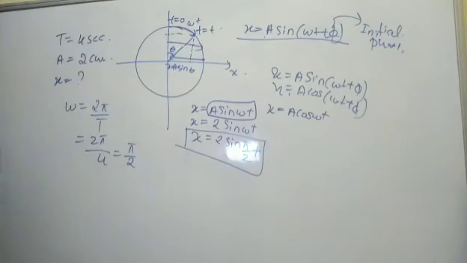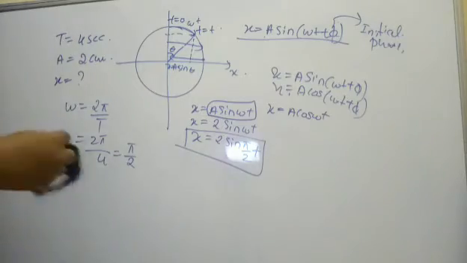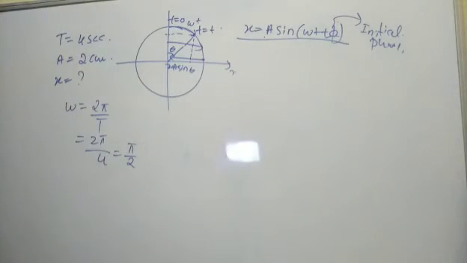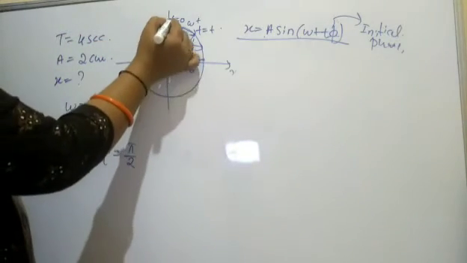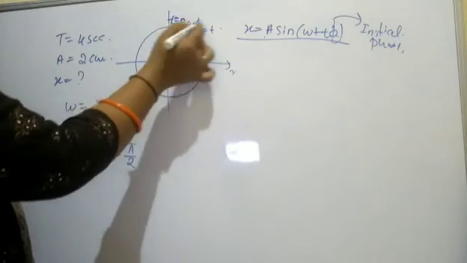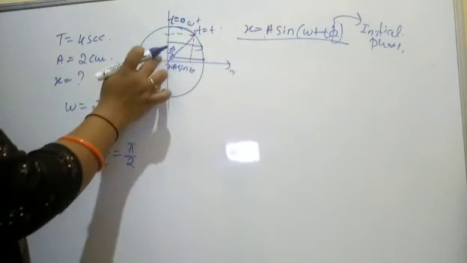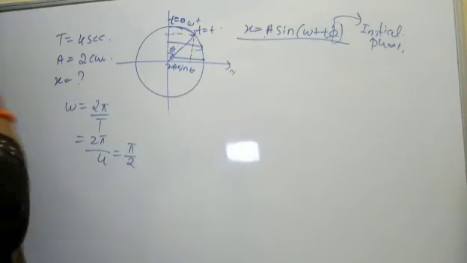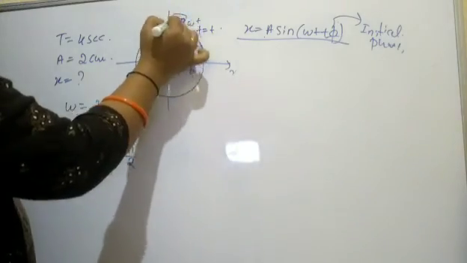So now the utilization of phi in the phasor diagram comes into action. So that is very important here. Now let us consider the initial phase. The body is executing uniform circular motion and moving from t is equal to 0 to t at an angle phi. So look here, at t is equal to 0, what will phi be?